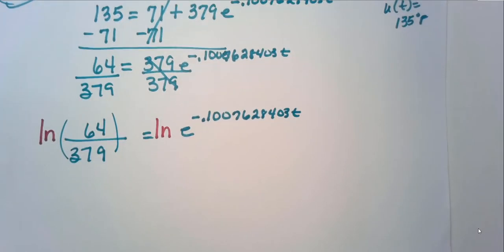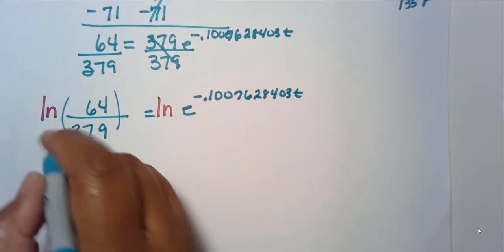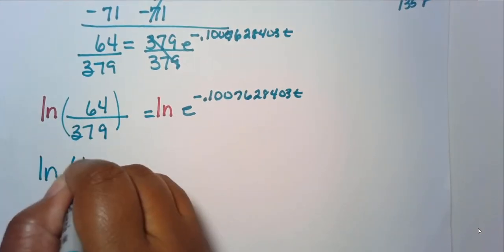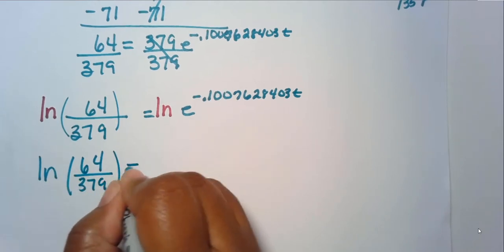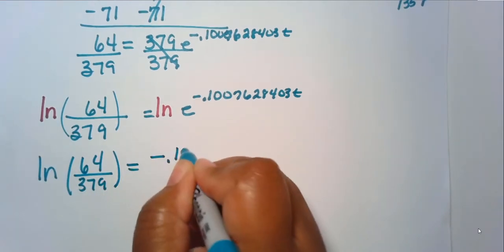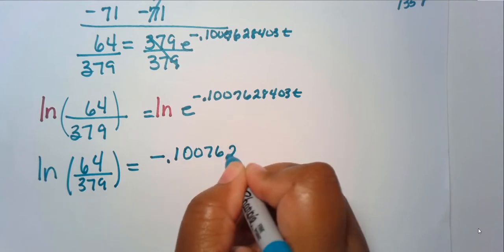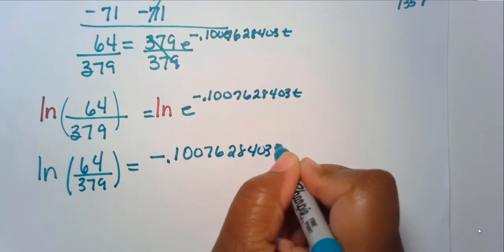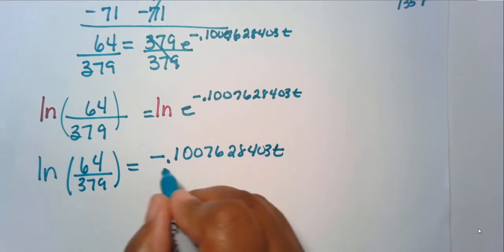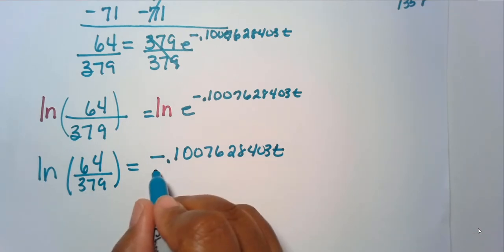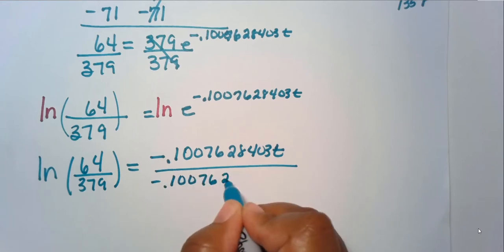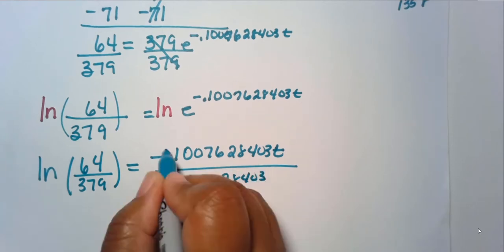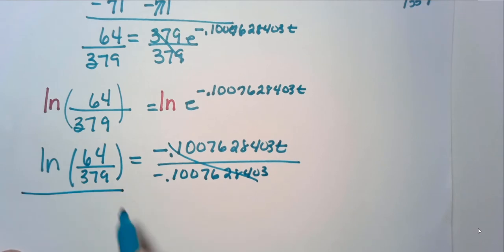And we have here ln of 64 over 379 is equal to negative 0.1007628403 T. And then we're going to solve for T, we're going to divide this long decimal, which I'm not going to repeat again right now, to both sides.